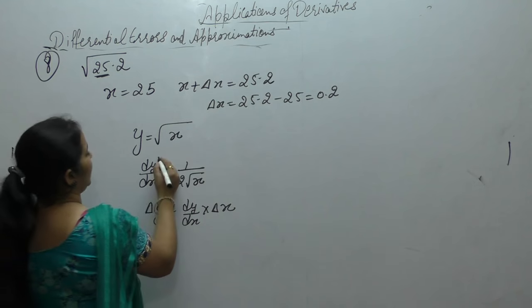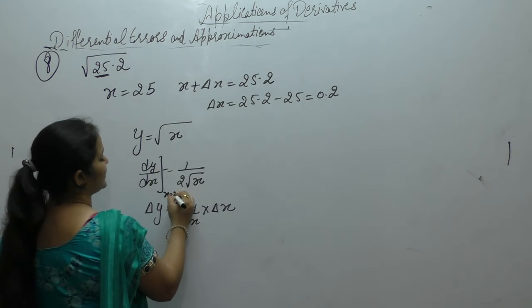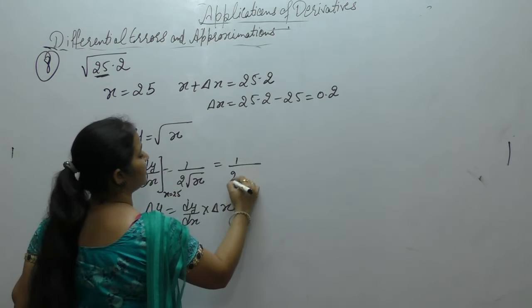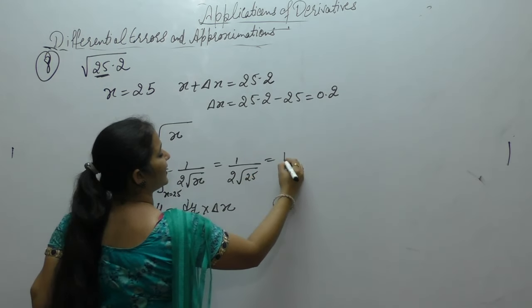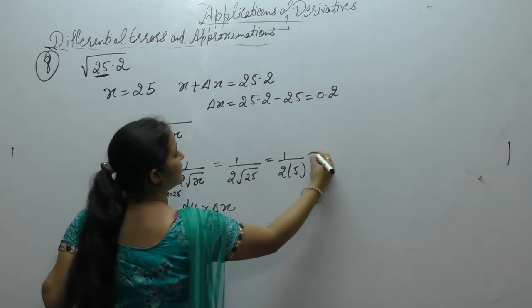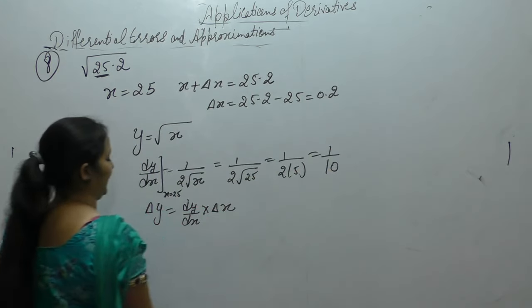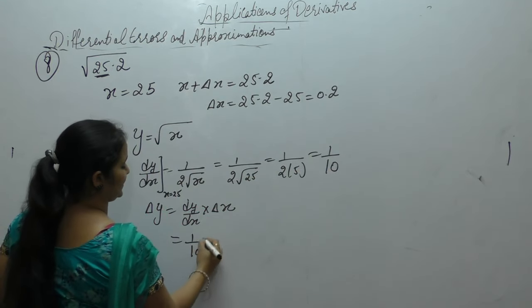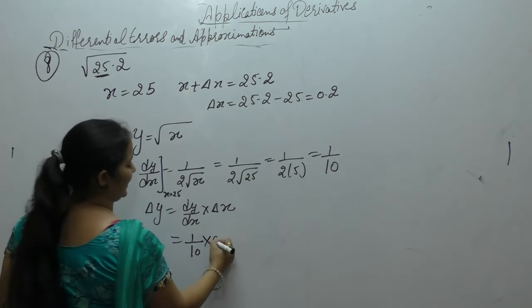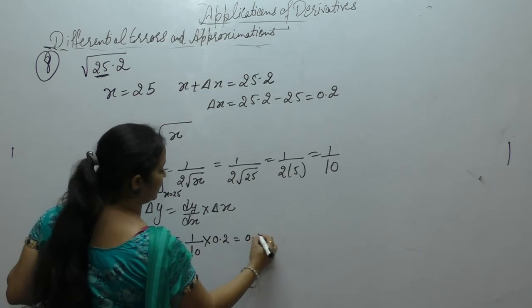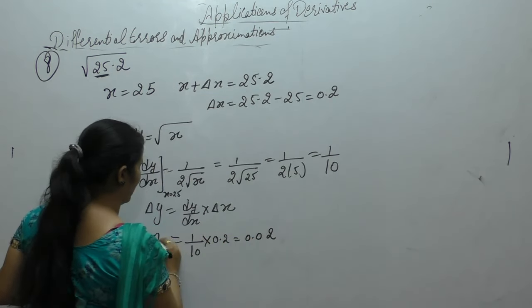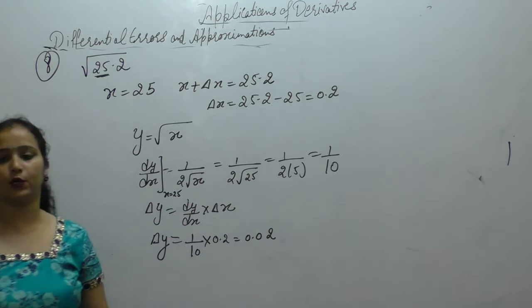Now dy upon dx when x is equal to 25: square root of 25 is 5, so we get 1 upon 10. dy upon dx is 1 upon 10, delta x is 0.2, so we get delta y as 0.02.